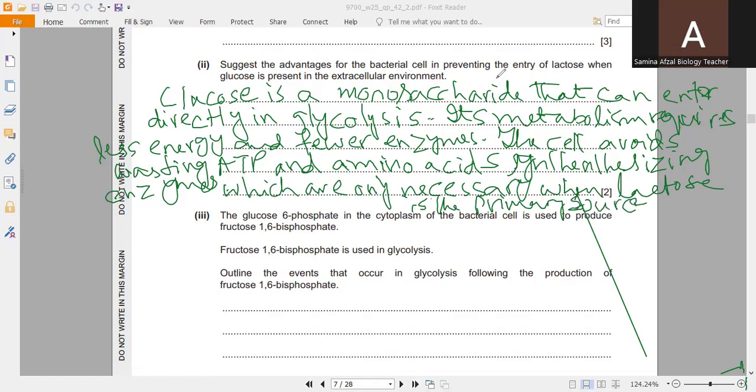For example, we can write the name of that enzyme, beta galactosidase.